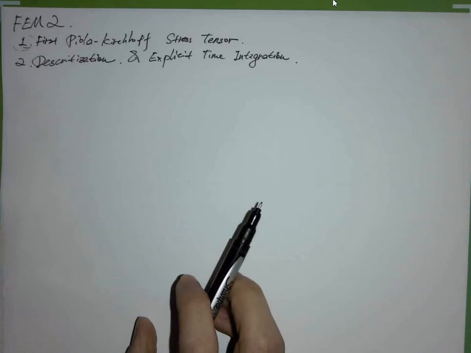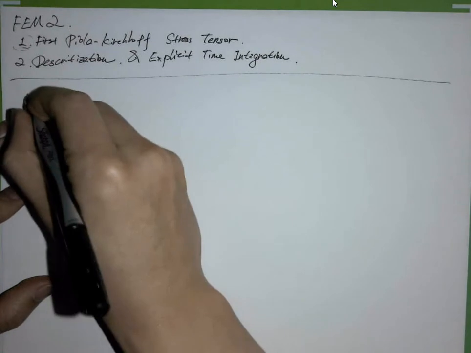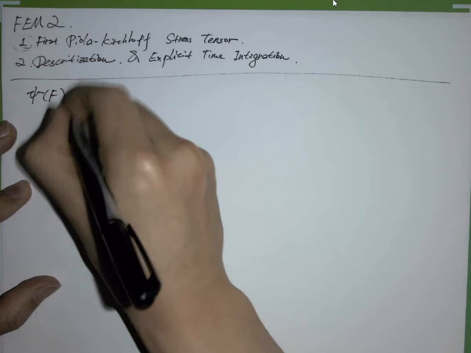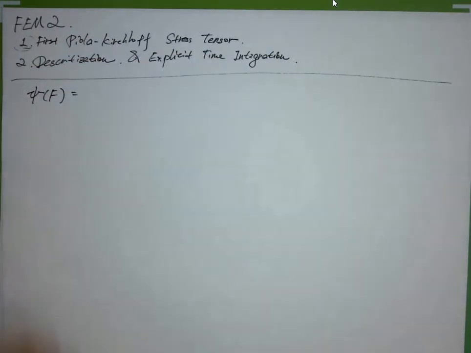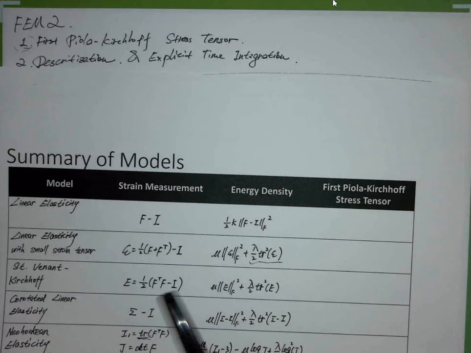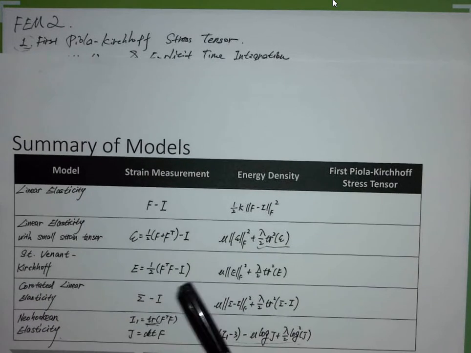All right, so let's start from the first one. The Piola-Kirchhoff stress tensor. We know our energy definition. There's an energy density function, psi, which is a function of F. And you can pick one of your favorite models. You can pick the linear elasticity model, or the Saint Venant-Kirchhoff model, or even a Neo-Hookean model, or corotated linear elasticity model. You have that energy density defined over here.